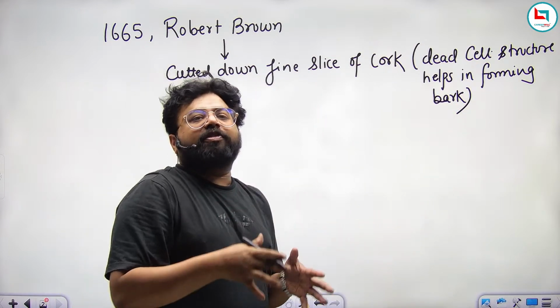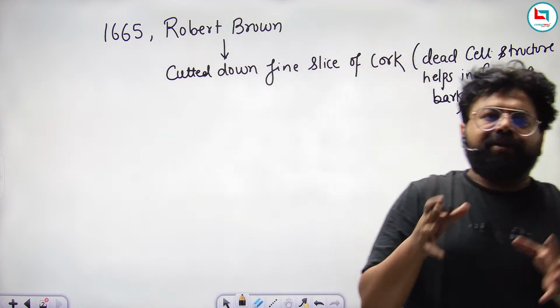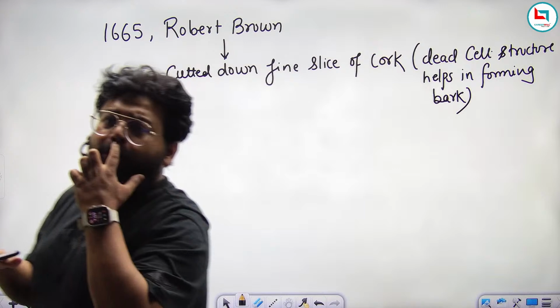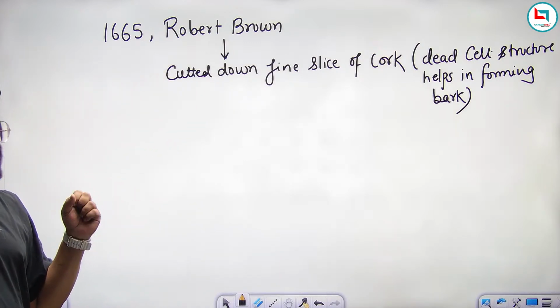At the upper surface of the tree, you have found a hard structure which is commonly known as the bark of a tree, जिसे हिंदी में छाल बोलते हैं.